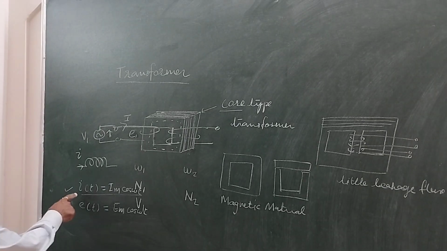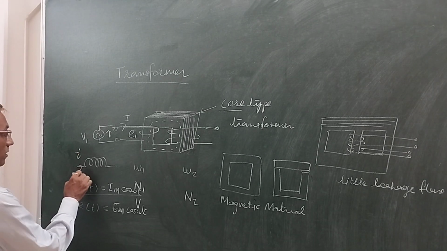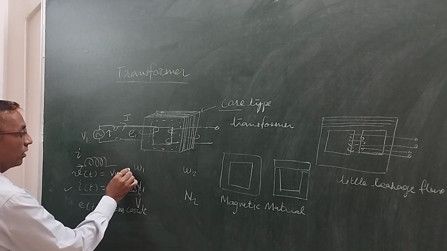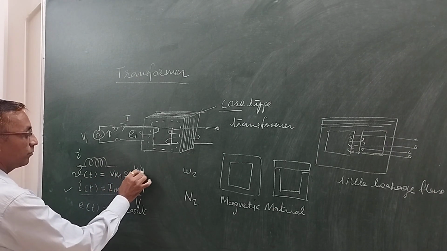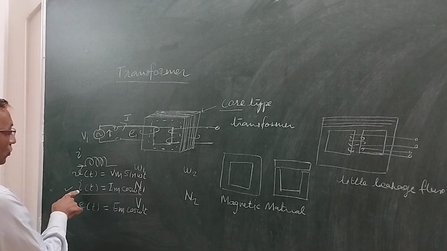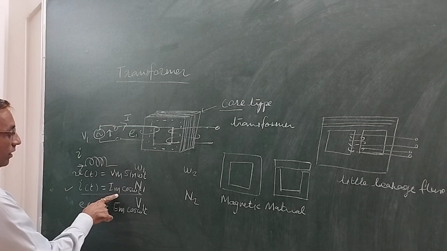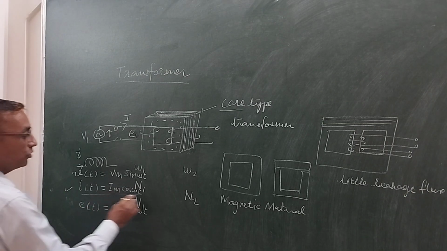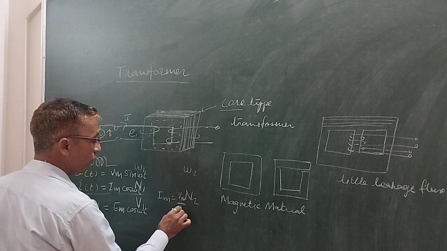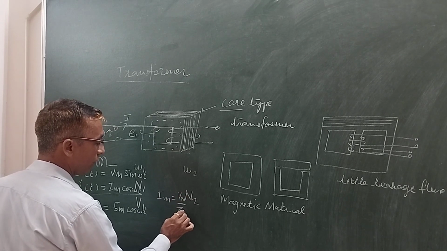But at this moment, I am giving the voltage V of t. Because of V of t, this is Vm sin omega t, let us say. So I am giving this waveform Vm sin omega t. Because of this, the I of t is flowing, and the magnitude of Im is dependent on the voltage magnitude Vm as well as the impedance of this winding.